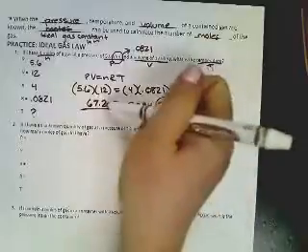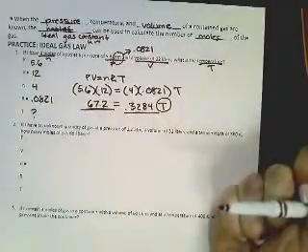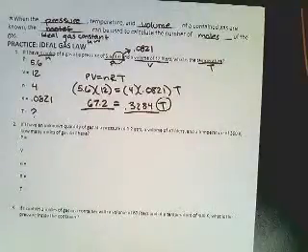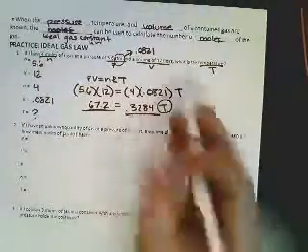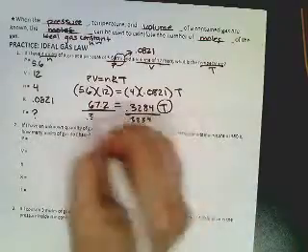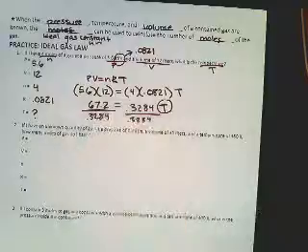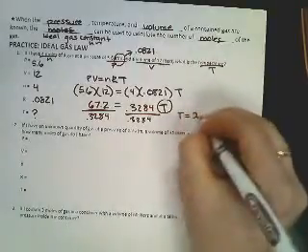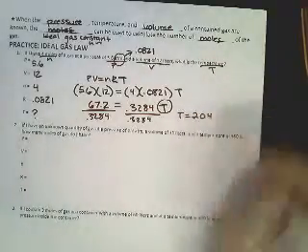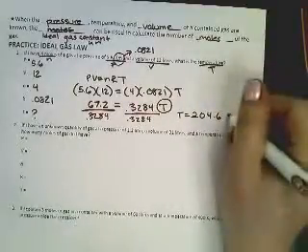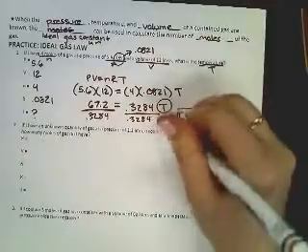Will we divide by 67.2 or 0.3284? We'll divide by 0.3284 because it's on the same side as the T. So I plug in 67.2 divided by 0.3284. Temperature will equal 204, and what's the unit for temperature? Actually, 204.6. Kelvin, it's always Kelvin.